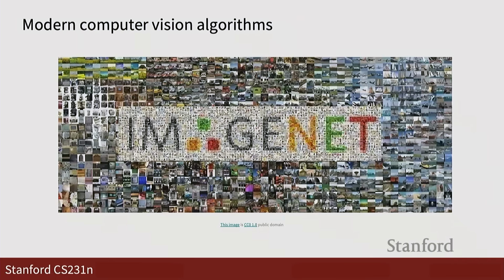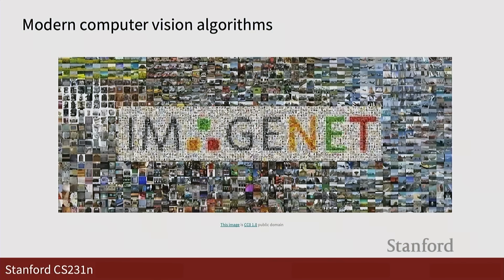And in this class, what we want to do is to get to a place where we build models that can recognize objects and also other aspects within the image.